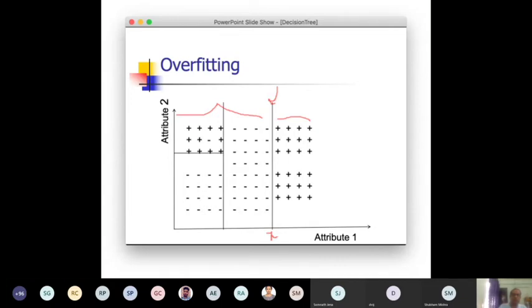Suppose it is the left node, and there also you get a set of instances, and these are mixed. So here also you have another split over attribute 1. Suppose this value is y. Once again, you get two nodes. One node has eventually become a pure node, and the other node is a mixed node.